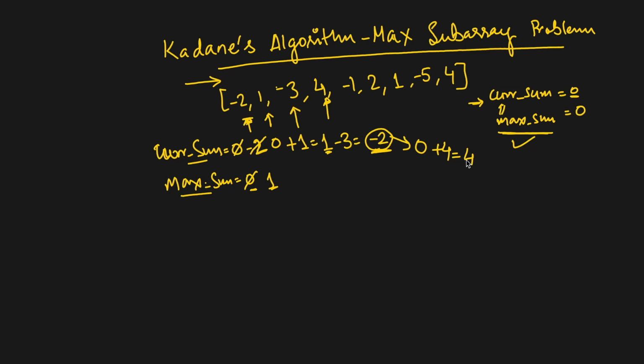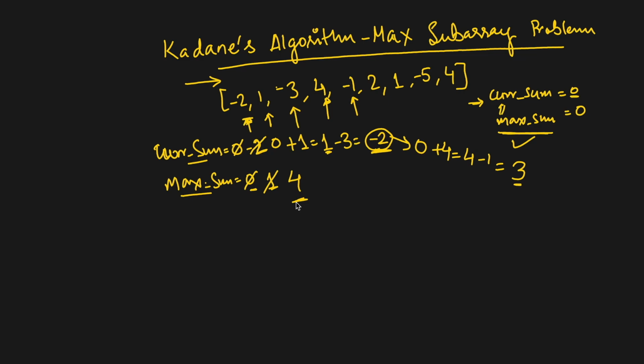Now max sum is less than the current sum, so we'll change the max sum to 4. Now minus 1, so 4 minus 1 becomes 3. So current sum becomes 3, which is less than the max sum, so we'll not update the max sum.